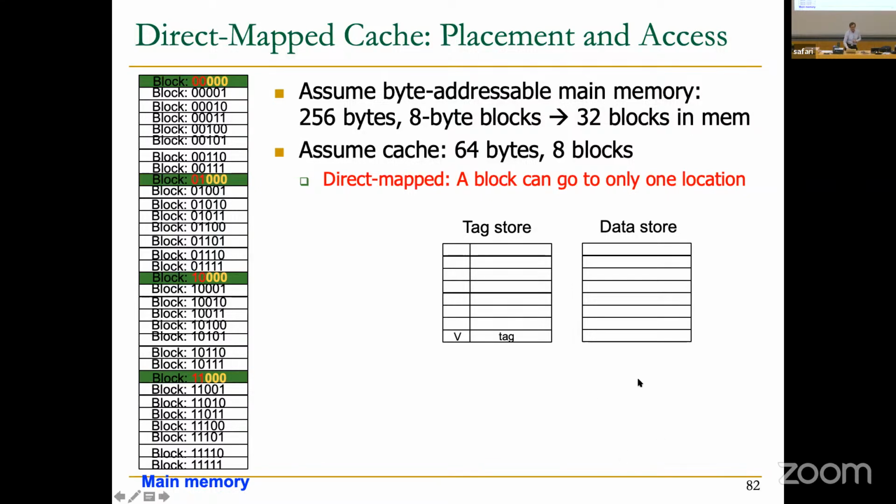So in the tag store, we have a valid bit and we have tag bits. When we put some block into the cache, we basically index the cache using the index bits, which is the 3 bits over here, and then set the valid bit, and then set the tag bits appropriately, 0, 1, assuming it's that block, and then write the data that we fetch from memory in the corresponding data store index, okay?